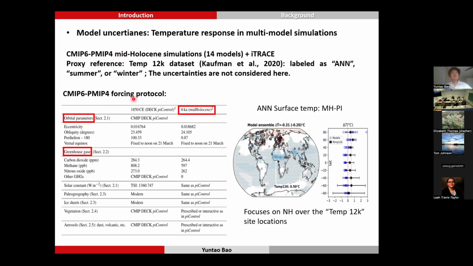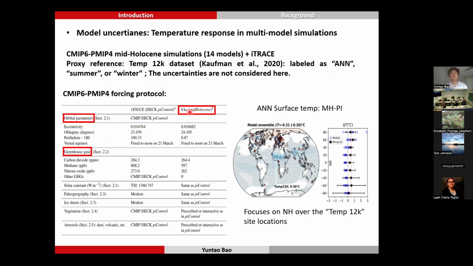So let's first look at how the PMIP4 models simulate the mid-Holocene climate. First, we have the PI, or pre-industrial control simulation, where everything is the same as the present day.